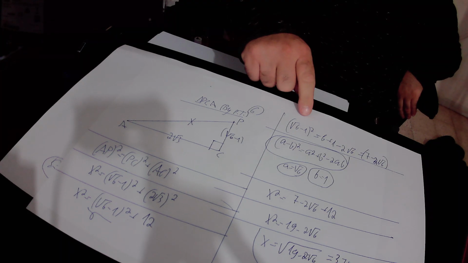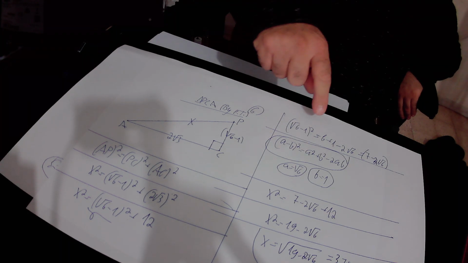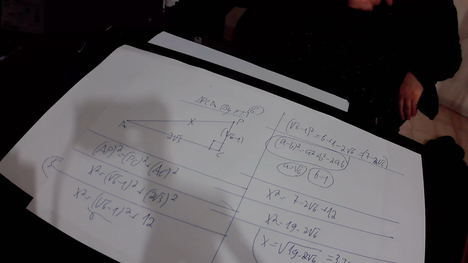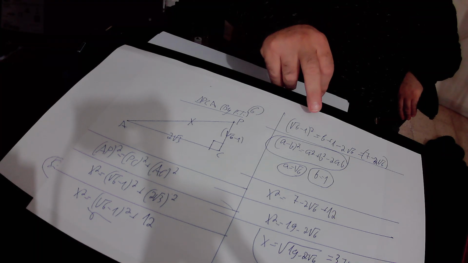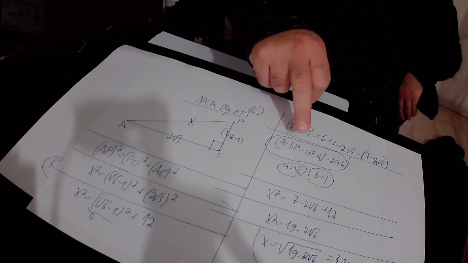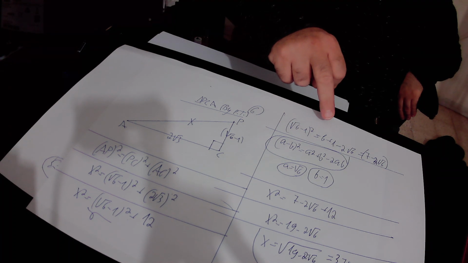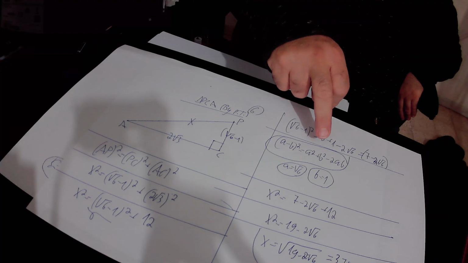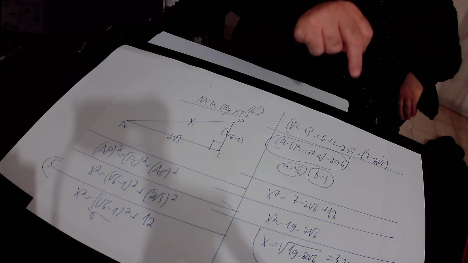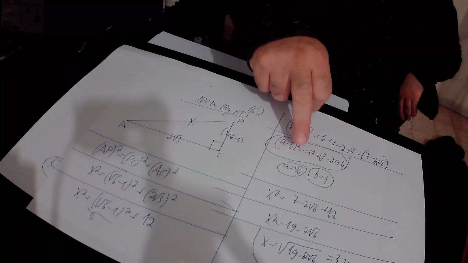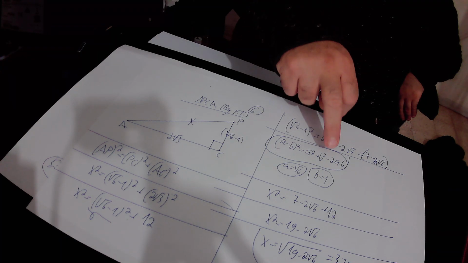So in our specific expression, a equals the square root of 6 and b equals 1. And therefore, this expression, according to this algebraic identity, will be equal to a squared. A is square root of 6, therefore a squared is square root of 6 squared, that is 6, plus b squared. B is 1, so b squared is 1 squared, that is 1. Minus 2 times a, which is square root of 6, times b, that is 1.